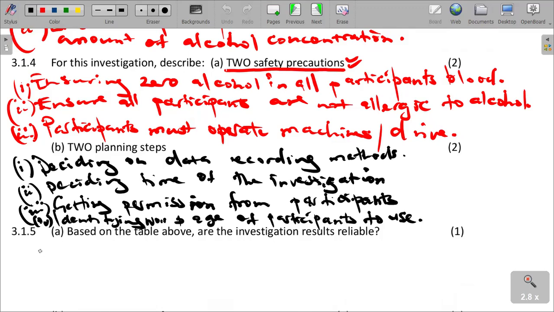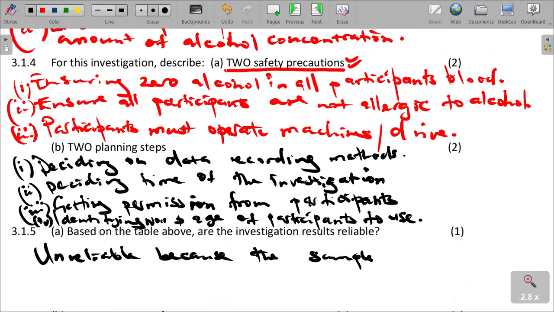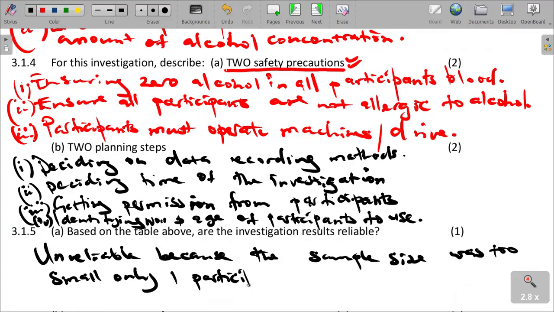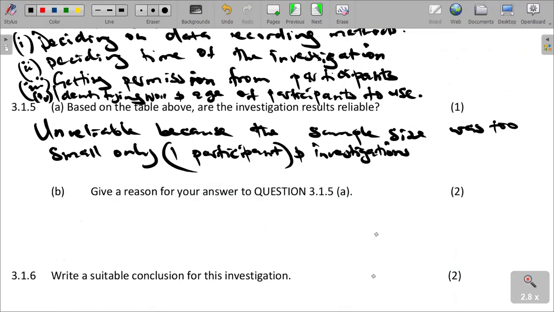The results are unreliable because the sample size was too small. Only 1 participant per volume, and the investigations were not repeated.